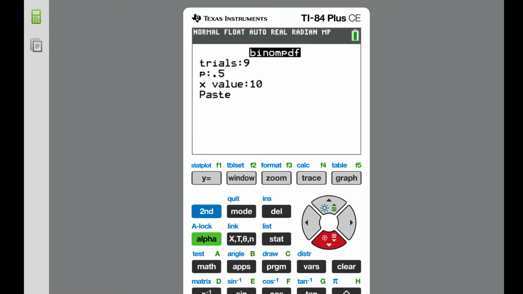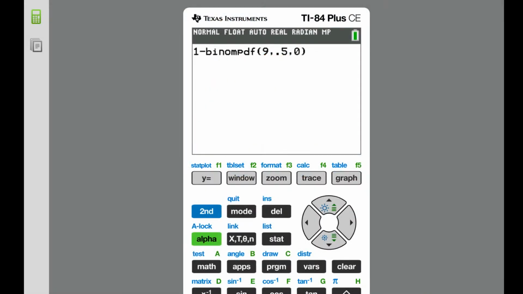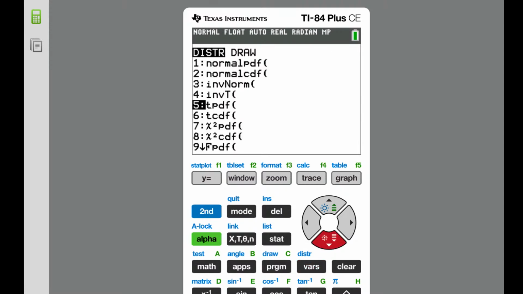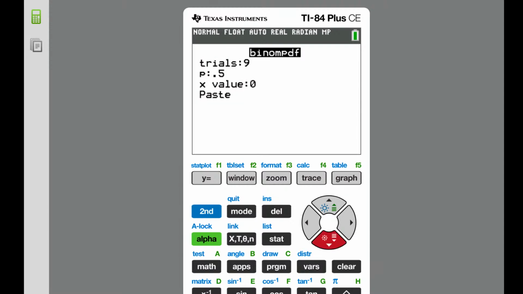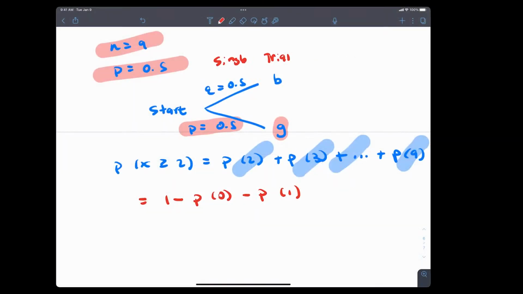Remember, the first x value is 0 because we're using the complement rule. So this is 1 minus p of 0. Now we have to do minus p of 1, so minus second distribution. Change the x value now to 1. Paste. And we have 1 minus p of 0 minus p of 1. So we're going to hit enter.